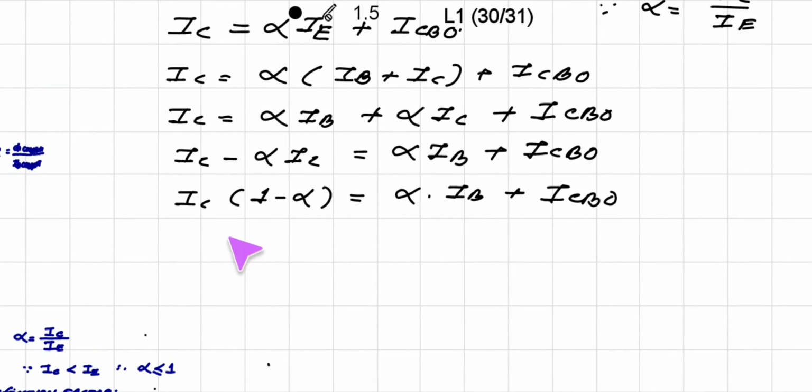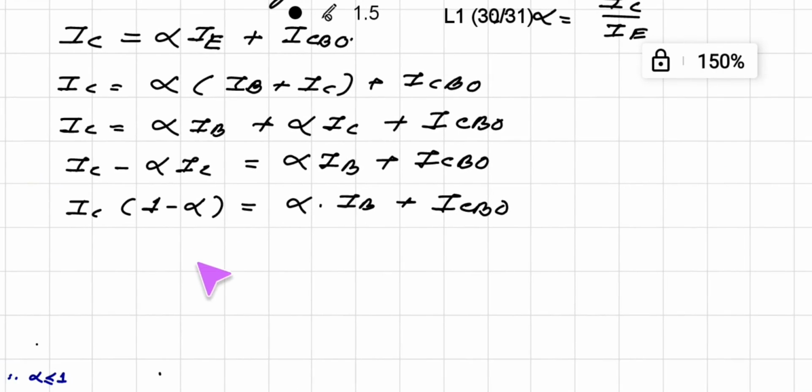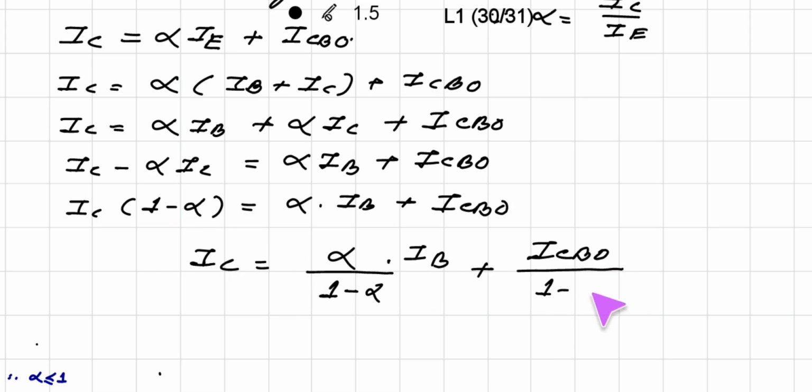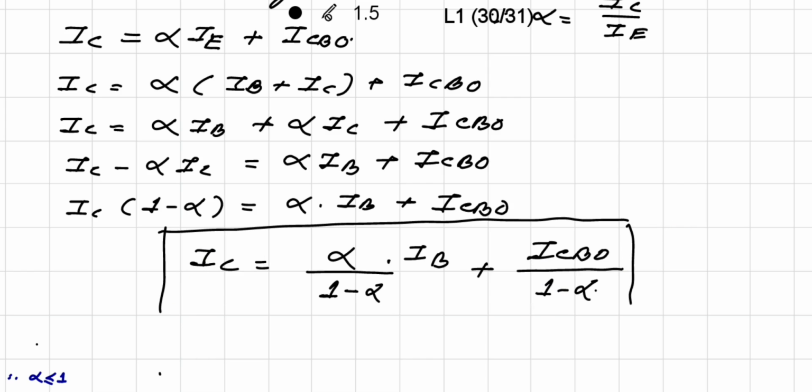From this we can say that IC is equal to alpha divided by 1 minus alpha, into IB, plus ICBO divided by 1 minus alpha. We get this relation of the collector current in the case of a common base circuit.